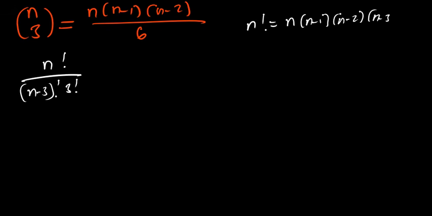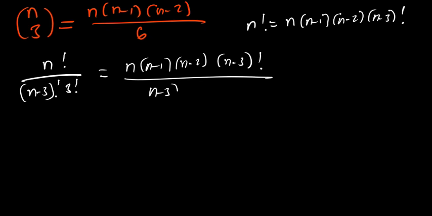Because I want to cancel n minus 3, I'll end there and put factorial. So where there is n factorial, you replace it with n, n minus 1, n minus 2, n minus 3 factorial, divided by n minus 3 factorial times 3 factorial, which is 3 times 2, which is 6.